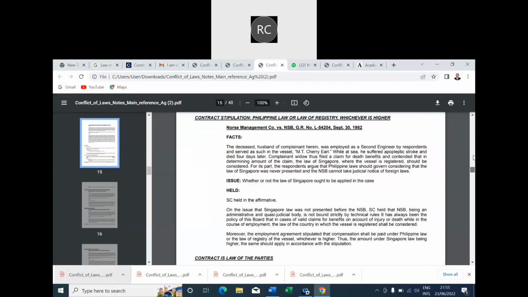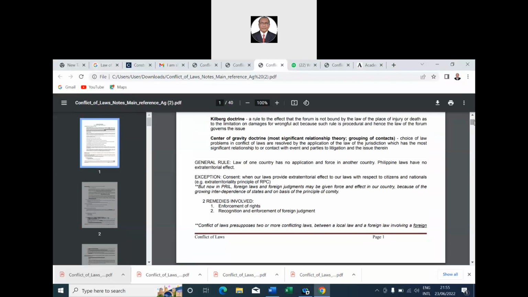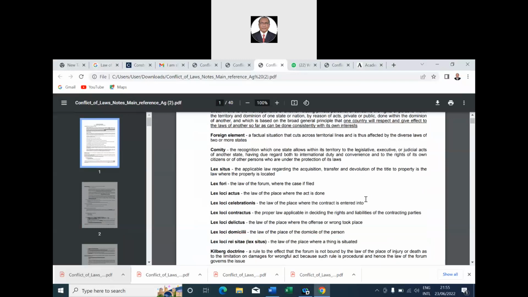In the connecting factor, it clearly mentions, see here, lex loci actus. Did you see it? Lex loci actus means the law of the place where the act is done. Which act? Completion of the contract.